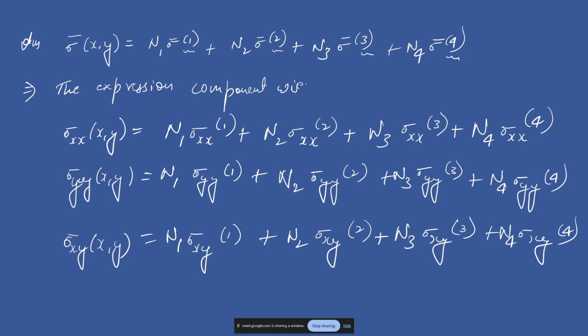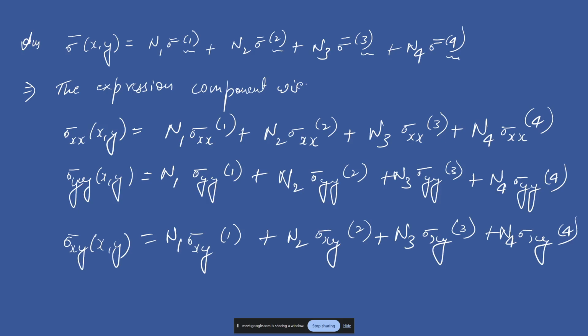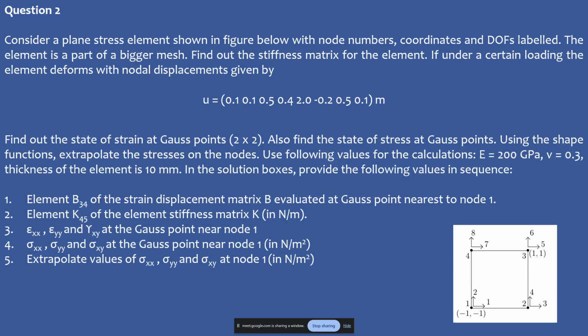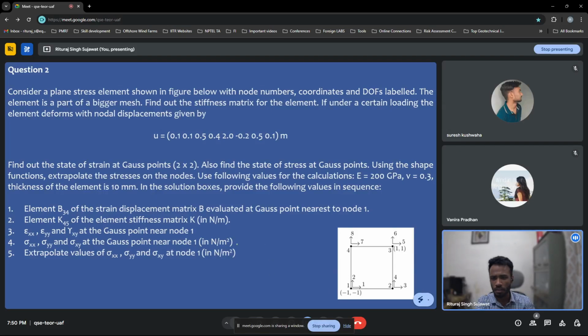And once you have the strain tensor at all particular nodes, you know what the sigma xx, sigma yy, sigma xy values are. You can combine them using the shape functions available with you, and finally you can extrapolate the sigma xx value in that particular field, sigma yy value in that particular field, and sigma xy value in that particular field. Yeah, so sigma xx, sigma yy, sigma xy. That is the solution for your fifth part.